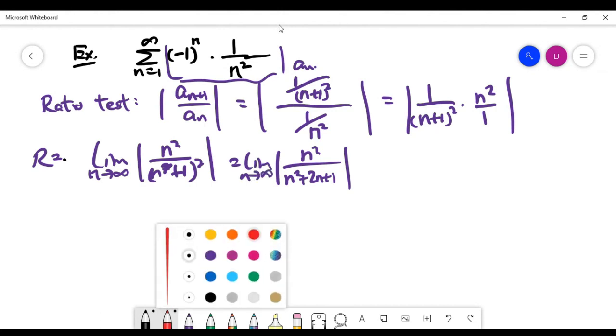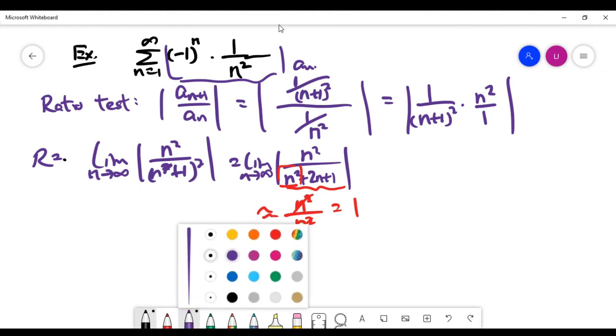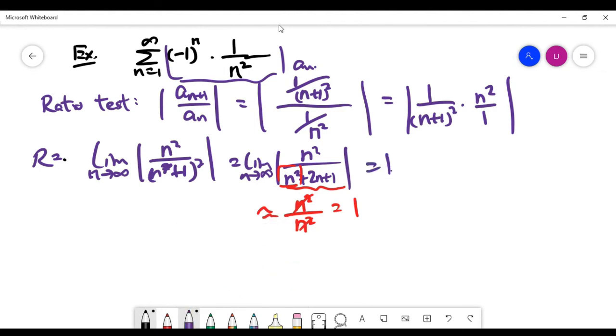Because n goes to infinity, we only care about the dominating term, which is n squared divided by n squared. And we get that it is 1, right? So the limit gives us 1. As we have seen already, I told you that for the ratio test criterion, when r is 1, there's no conclusion. It means we are not getting any answer when r is 1.